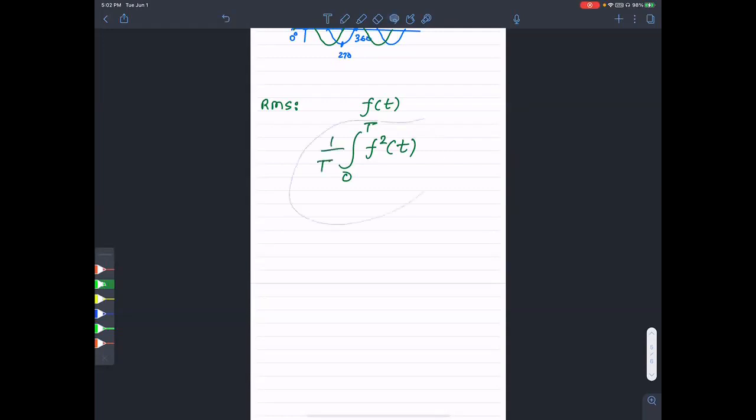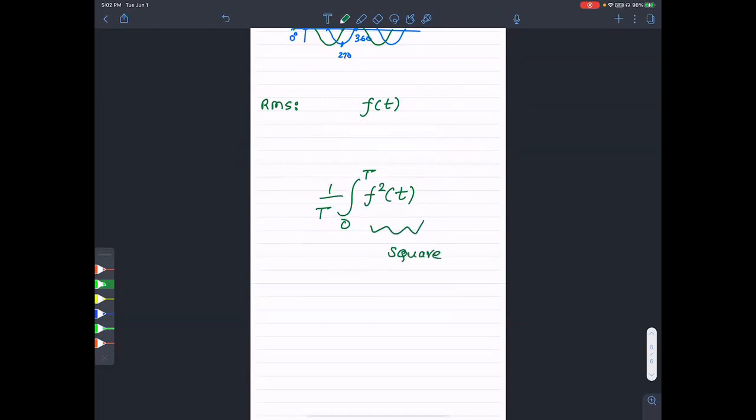That will give you the squared and then the mean. But then you still have to do the root aspect of it. That's where the square root comes in. That's the root.